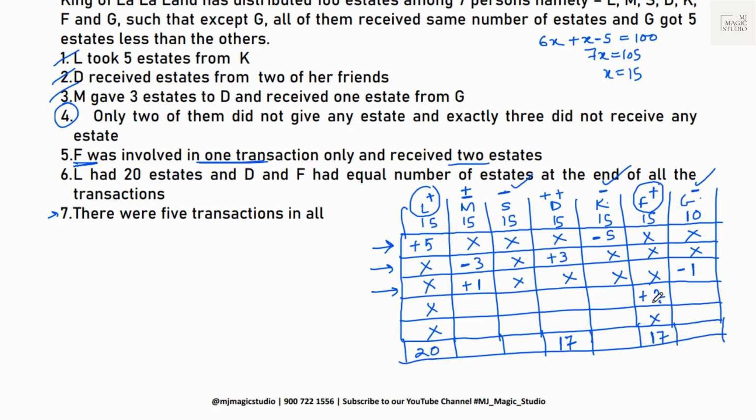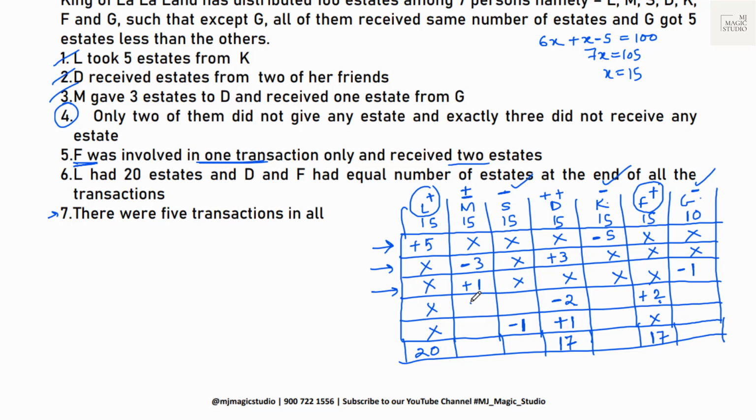But we need 2 plus signs in D. So if I put 1 minus sign here, plus 2 minus 2, then 15 plus 3 is 18, 18 minus 2 is 16, 16 plus 1, and this plus 1 we can adjust with S minus 1.